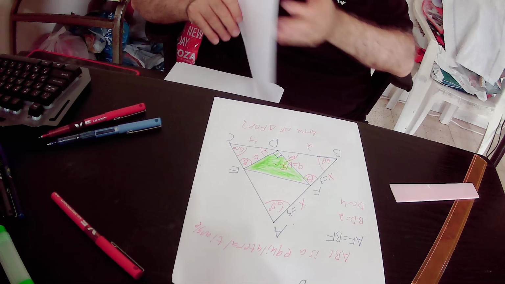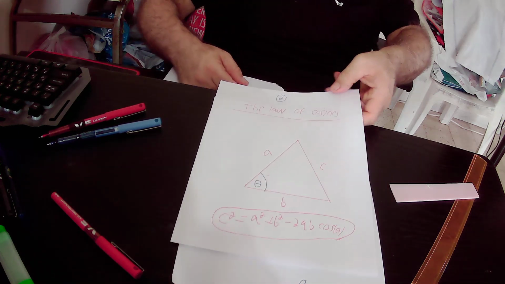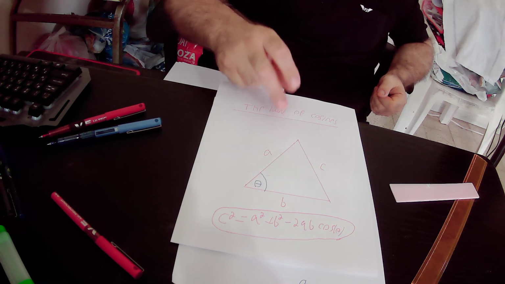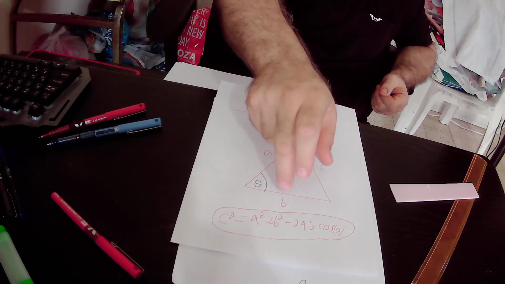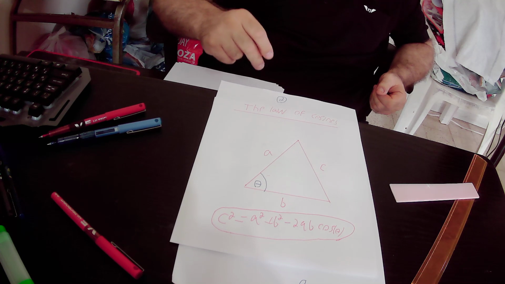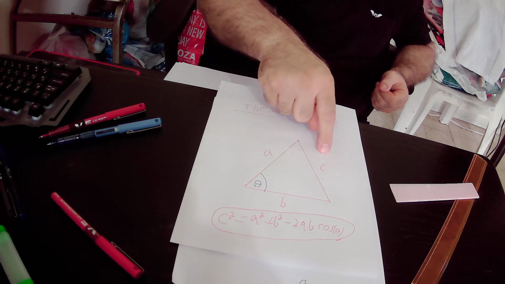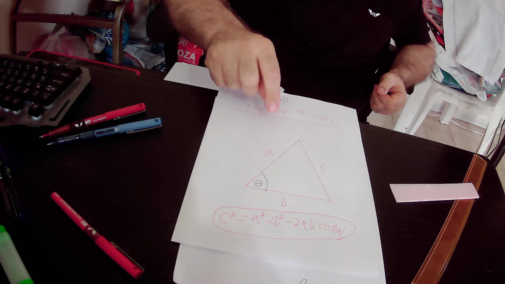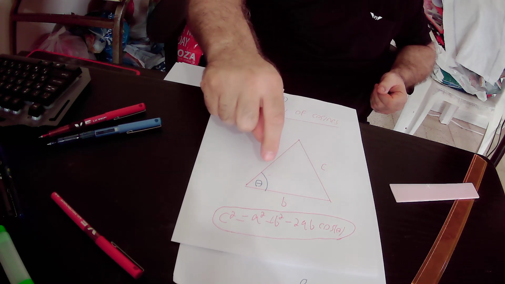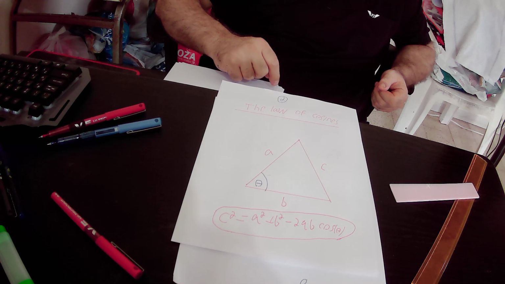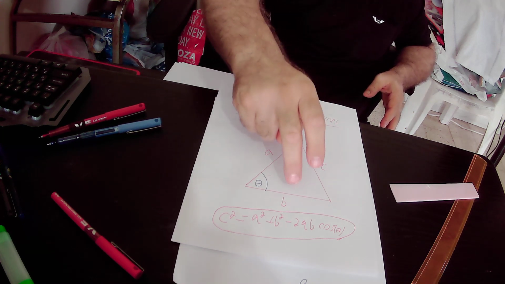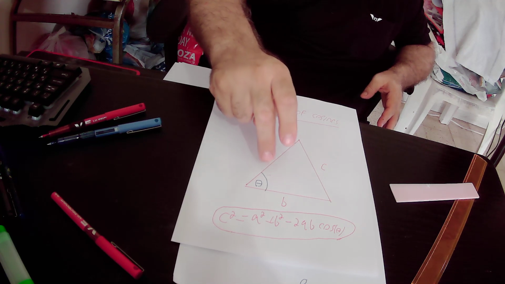According to the law of cosines, in any triangle, if this side is A, this side is B, and this side is C, then C squared equals A squared plus B squared minus 2 times AB cosine theta.